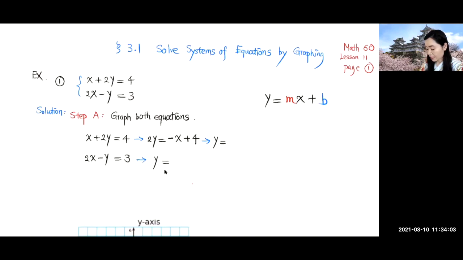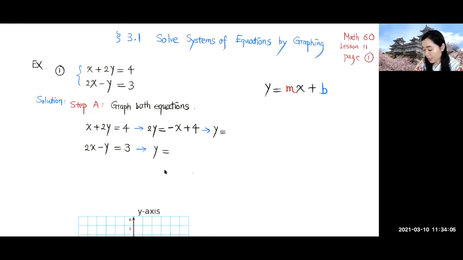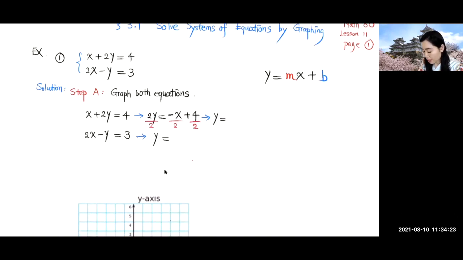Now, to isolate the y, we need to undo this multiplication by 2, so we divide both sides of the equation by 2. That way, this side ends up with y. On the other side, we have negative 1 half times x.